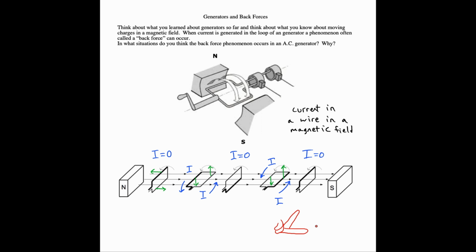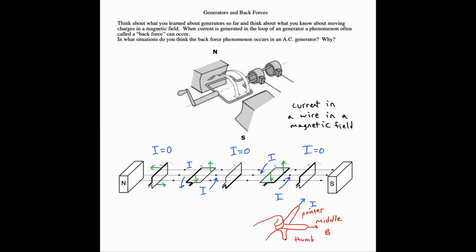Point the middle finger in the direction of B. And then the thumb ends up pointing down in this situation. And that would be the magnetic force on the wire.